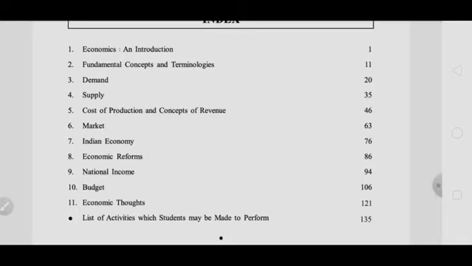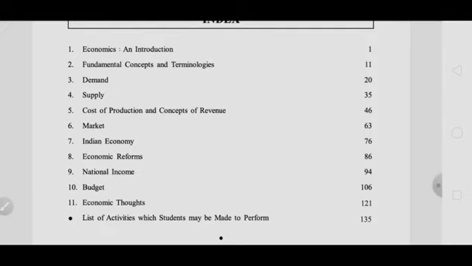Chapter 6 will discuss important aspects of markets and types of markets. In chapter 7 we will discuss Indian economy, which is divided into three parts: Indian economy in ancient time, Indian economy during the British rule, that is before independence, and Indian economy after independence.